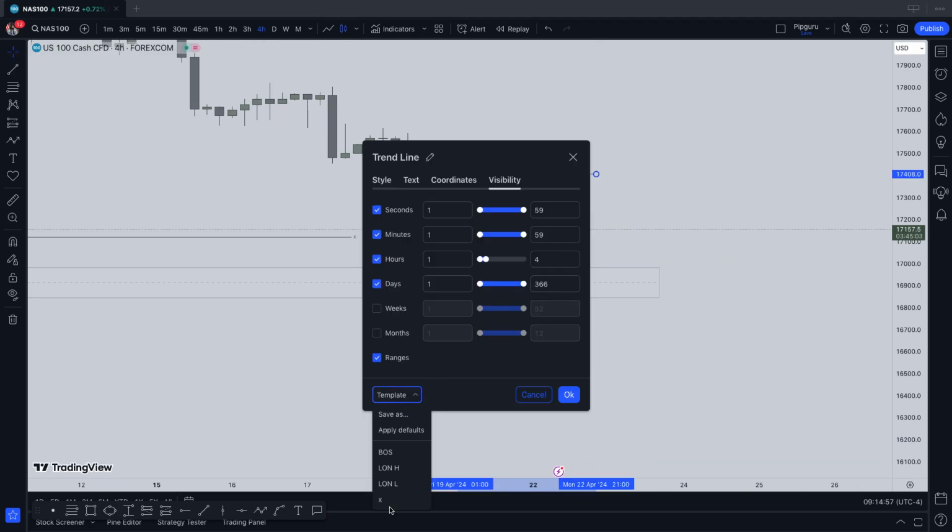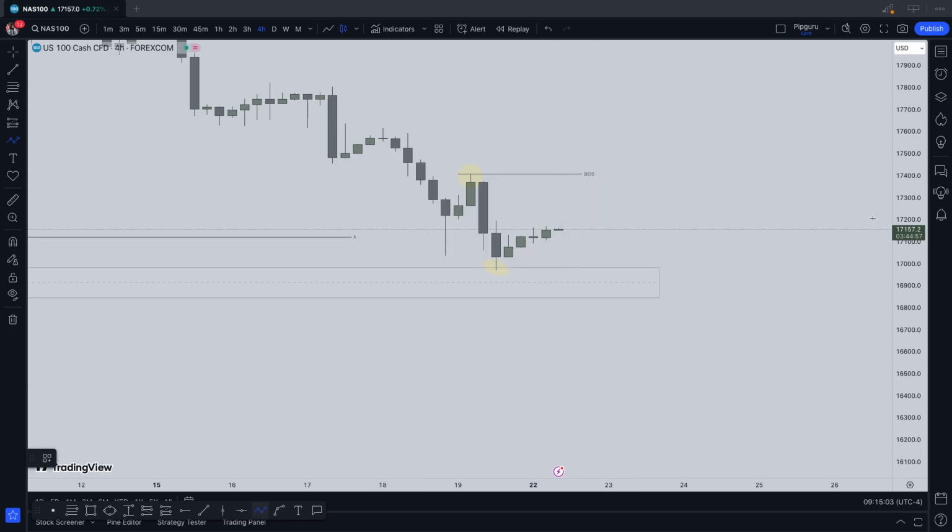And when we say take it out, I don't mean just a push like a wick above it like this, then drop back. No, because that can be used as liquidity. I want to see a full break, a powerful break through this level before considering it a breaker structure.